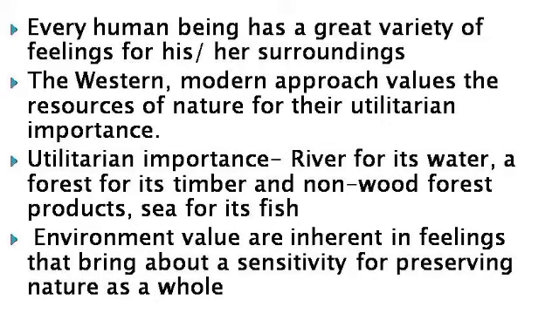Now let us take a look at the modern Western attitude towards environment. It is utilitarian in nature. What do you mean by utilitarian? The Western modern approach values the resources of environment for their use value. For example, they value a river for its water.